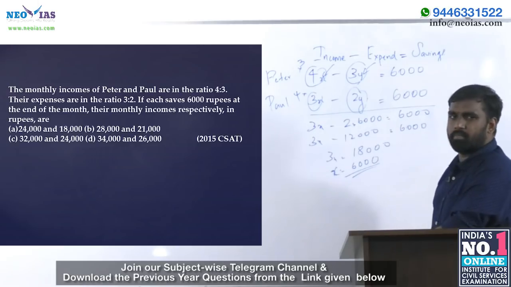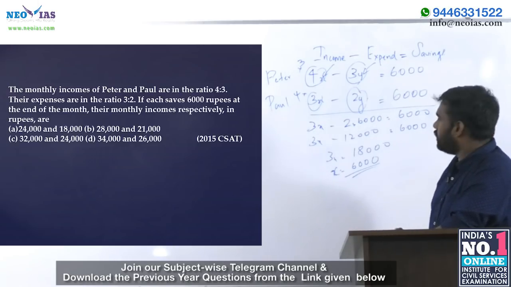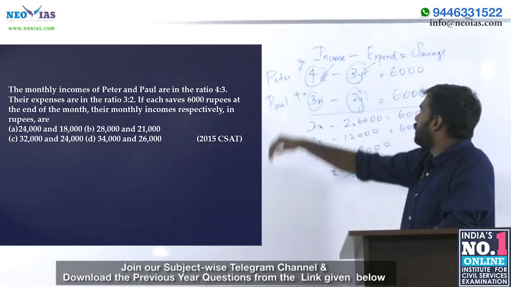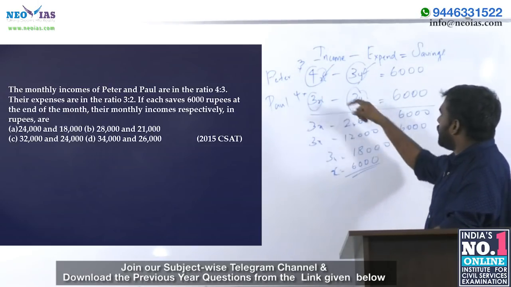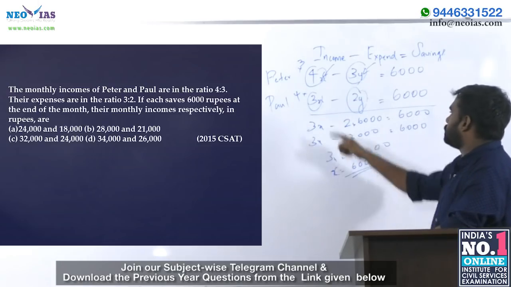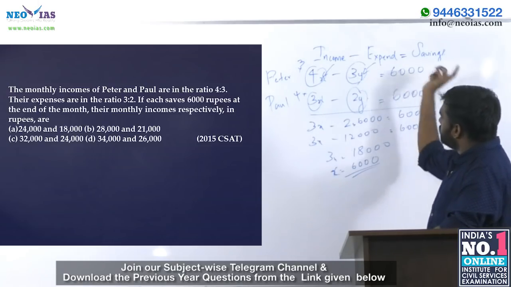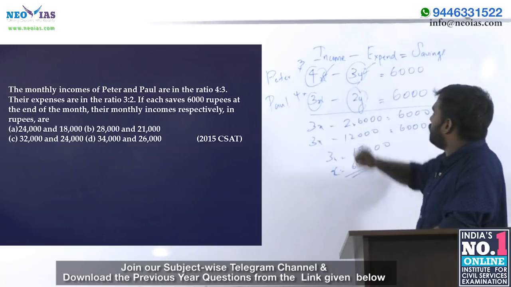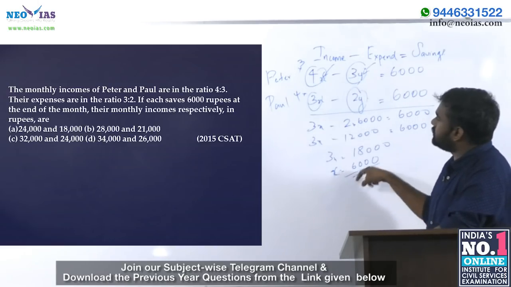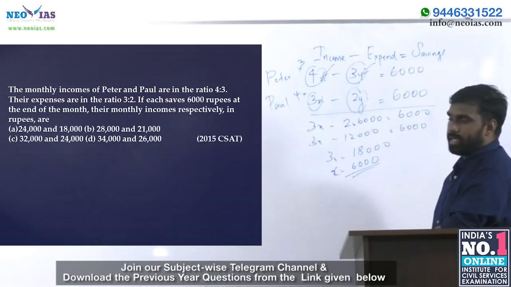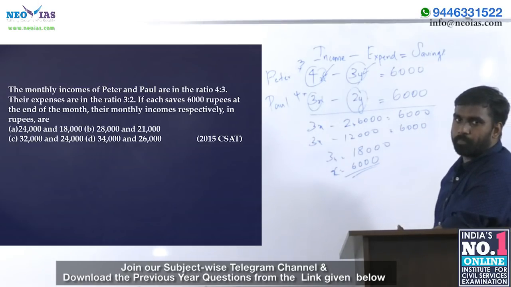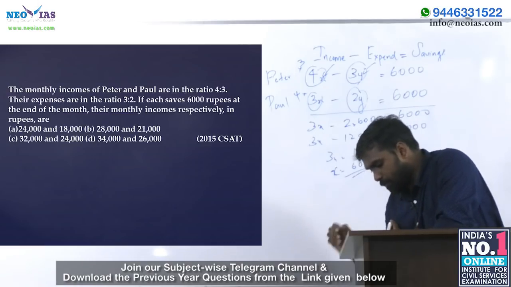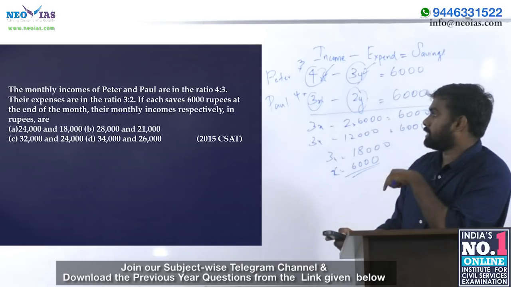The rest is simple calculation. We made the coefficients equal, subtracted out the x term, and found the value of y. Substituting the value of y in either equation, we find the value of x, which is needed to find the incomes of Peter and Paul. That will be enough to understand the concept.